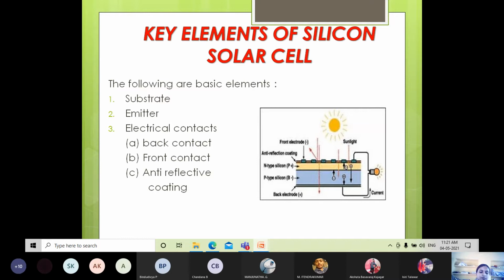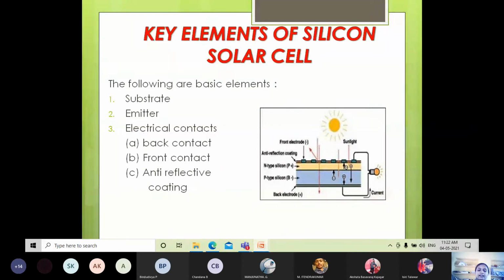While selecting the wafer for a solar cell substrate, they need to consider some parameters. First is orientation, resistivity, thickness and doping. These 4 parameters are important while selecting the wafer for solar cells.